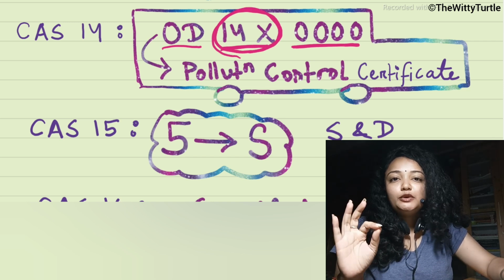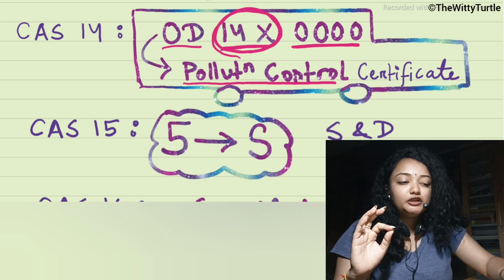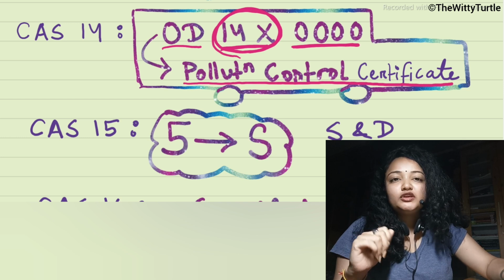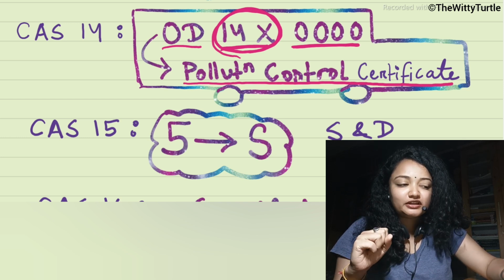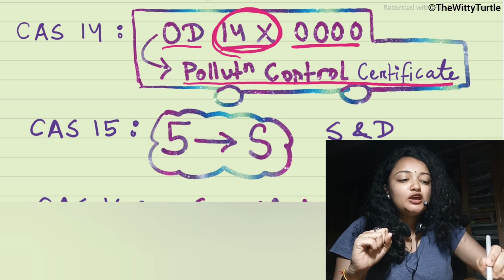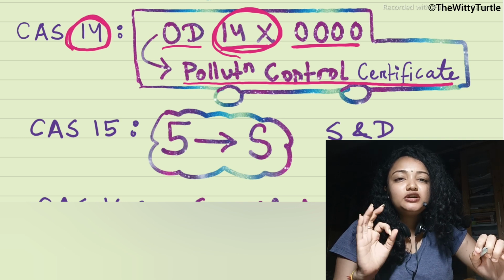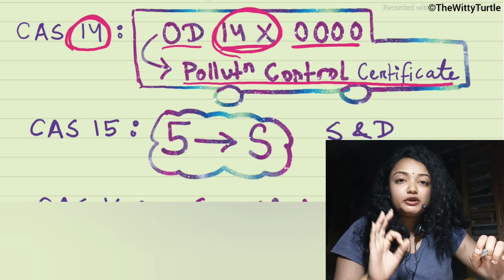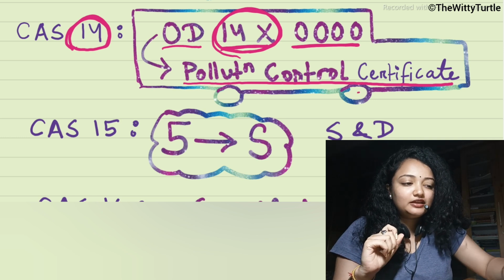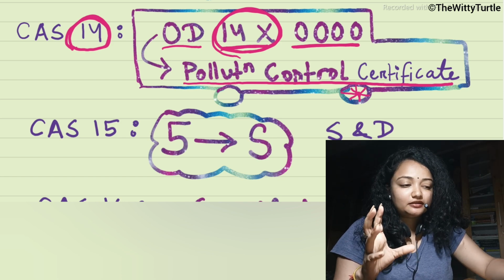And to be able to ride a vehicle, you need a pollution control certificate. So what you have to remember is cost accounting standard 14 stands for pollution control cost, right? This is a vehicle. Okay, the drawing did not turn out well, but yes, you understand, right?